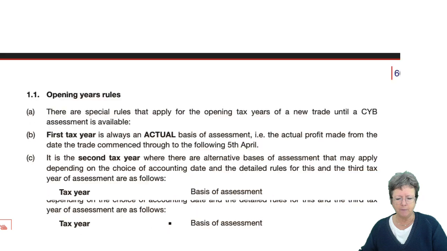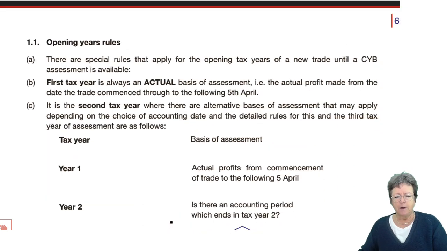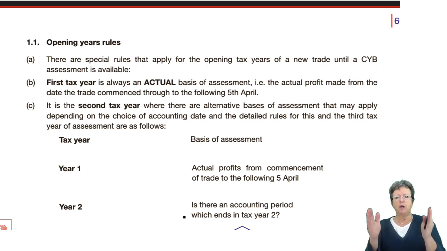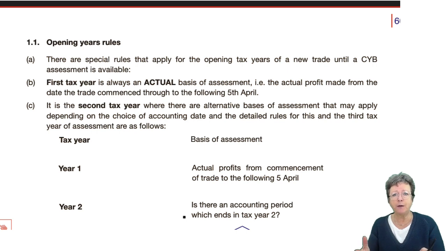So moving forward then. Now, the current year basis that we've just looked at is fairly straightforward. You know what tax year you are dealing with in this exam. It's the 22/23. So you're looking for a set of accounts with an accounting year end that falls in that tax year. Simple enough. But the problem is, initially, when this was introduced, the rules were that you would only ever be taxed once on your profits, and you would be taxed on 12 months of your profits in each tax year.